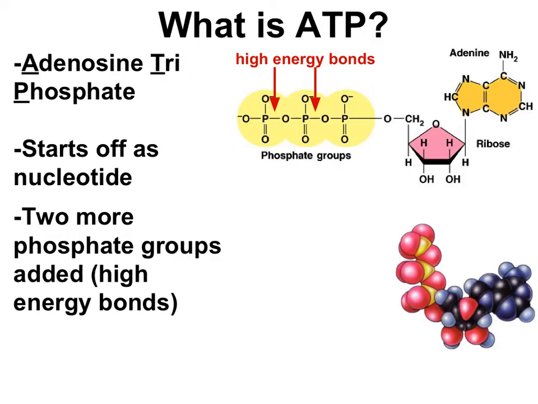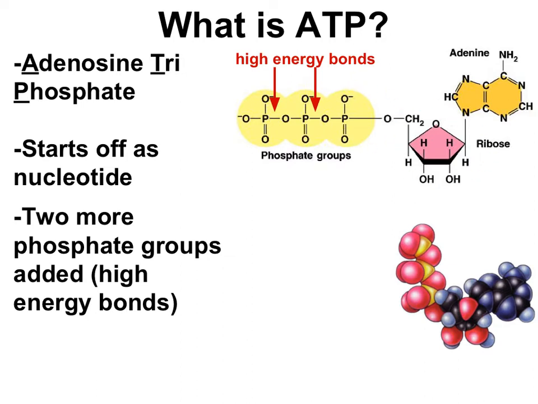Let's start out by seeing the biochemical structure of ATP. ATP stands for adenosine triphosphate. ATP is a modified version of our familiar nucleotide. Remember, a nucleotide has three parts: a nitrogenous base, a sugar, and a phosphate.